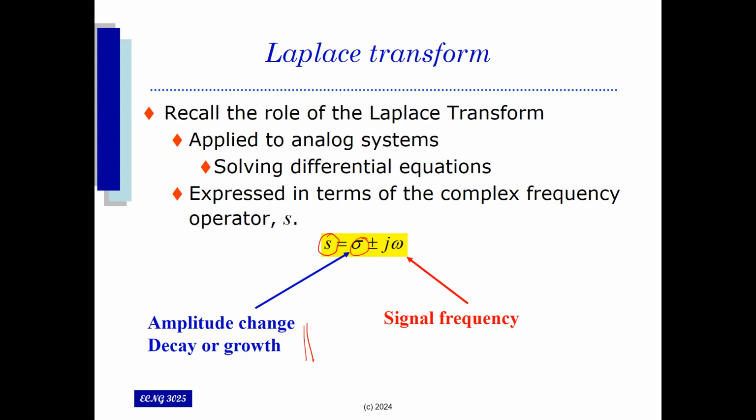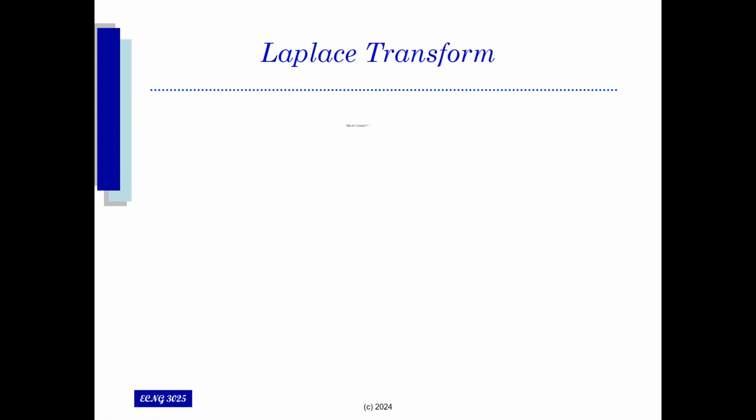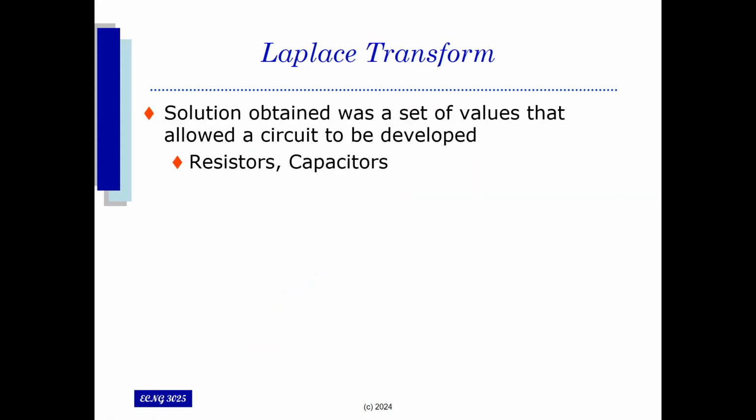And the imaginary part determined the behavior of the expression in terms of frequency. We made quite a bit of use of that when we were doing things like the Bode plots and addressing things like the Fourier transform.